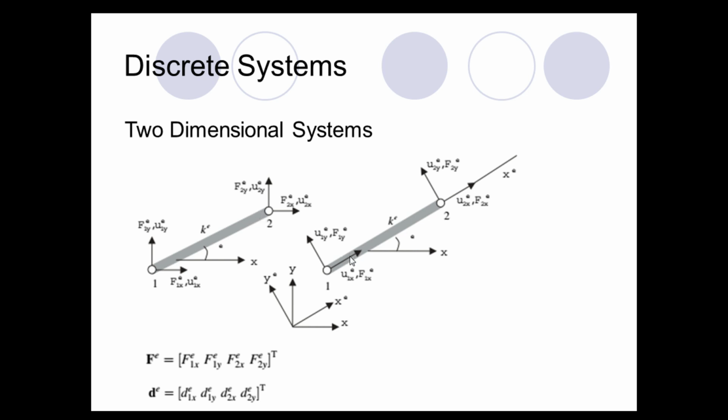In fact, just assume that I have a coordinate system which is linked to the element, linked to the member. Okay, and in this case xe is in the axis of the truss element, okay, and ye is perpendicular to it.